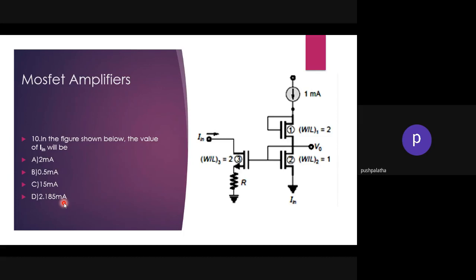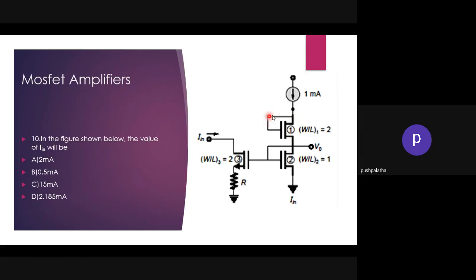Okay, right. So now you just observe the circuit. The width over length ratio is given for each device. For the first device, W by L is 2, for the second one it is 1, and for the third one it is 2. Now first observe the first device.